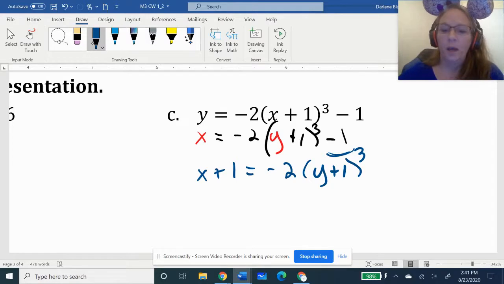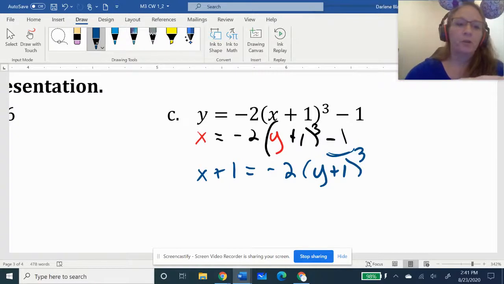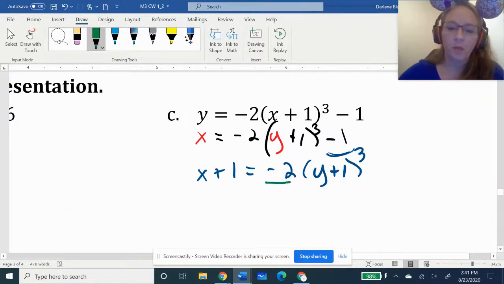Now you have a parentheses, strongest operation, an exponent next down the list, and multiplication. Multiplication is now the weakest operation. It needs to be undone with the opposite of multiplication. Divide both sides by -2.